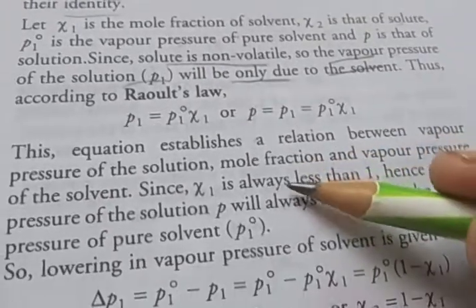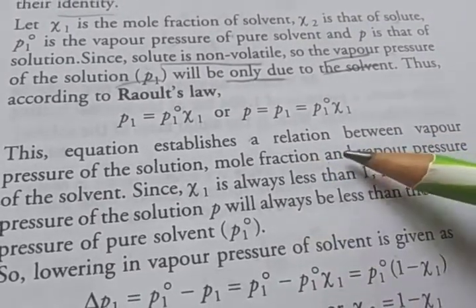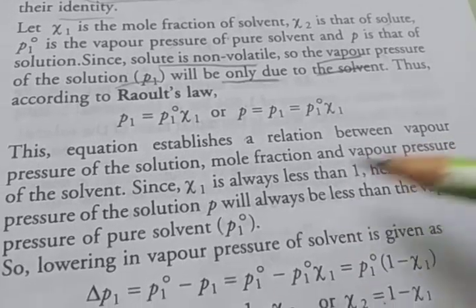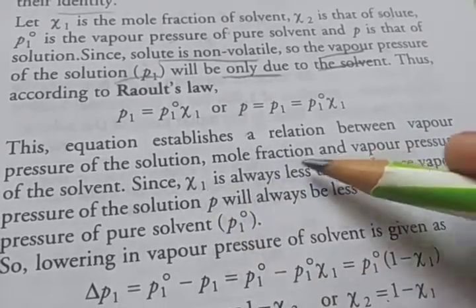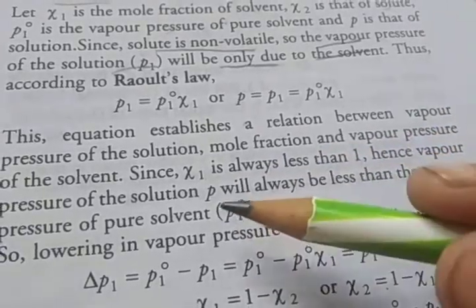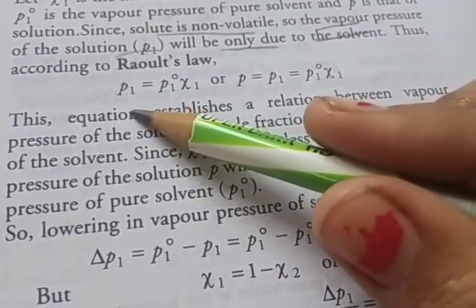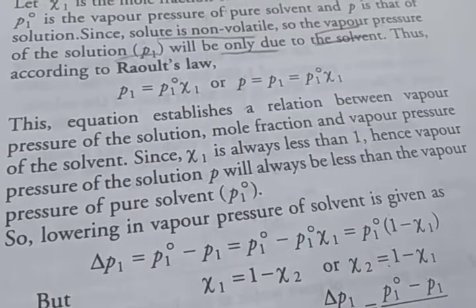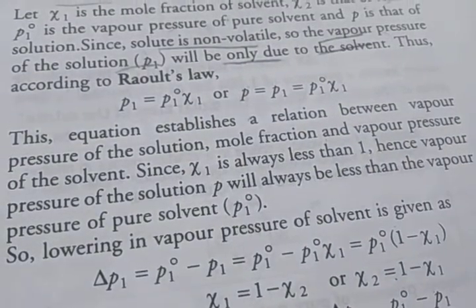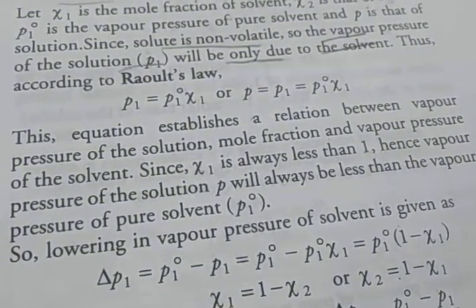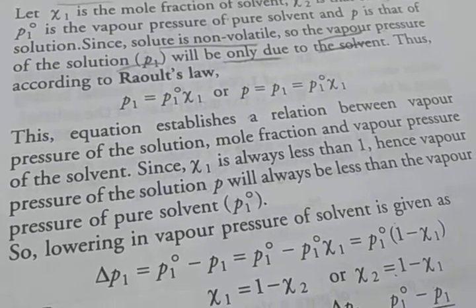This equation establishes a relation between the vapor pressure of the solution, the mole fraction and the vapor pressure of the pure solvent. Here P1 is the vapor pressure of the solution, P1° is the vapor pressure of the pure solvent, and x1 is the mole fraction.